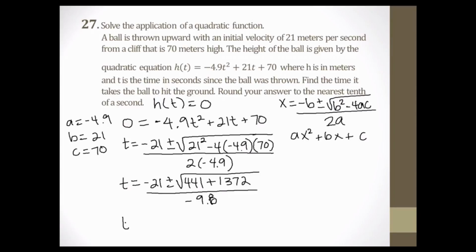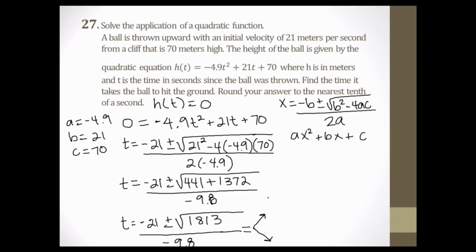So now t equals, I'm going to add under my square root, so 441 plus 1,372 is 1,813, all divided by negative 9.8. So I think it's best to round as little as possible. So I would strongly encourage you, using your calculator, to do the numerator as it is and then get an answer and then say divided by negative 9.8 and then round your final answer.